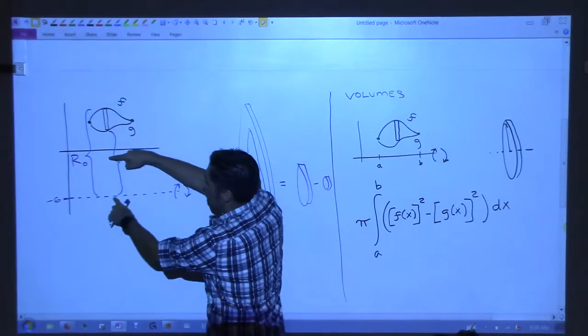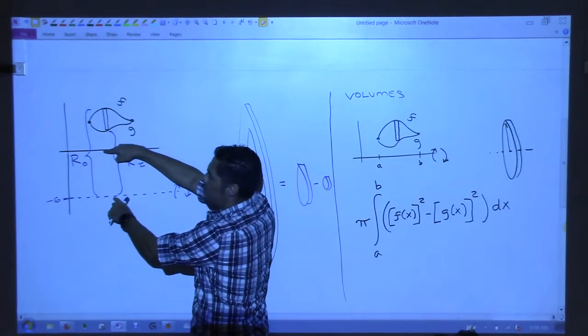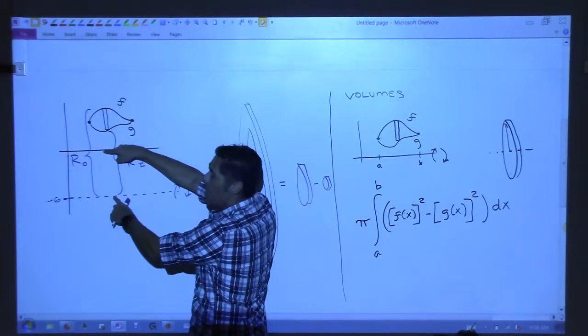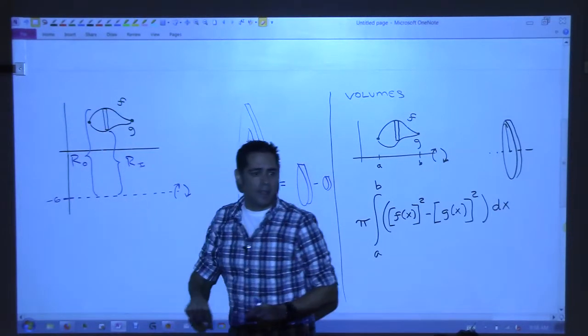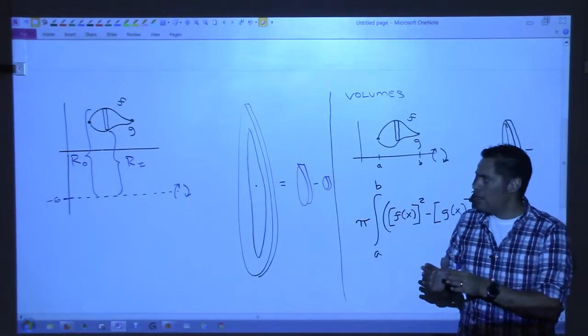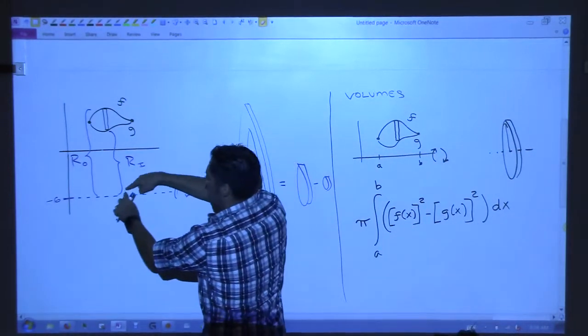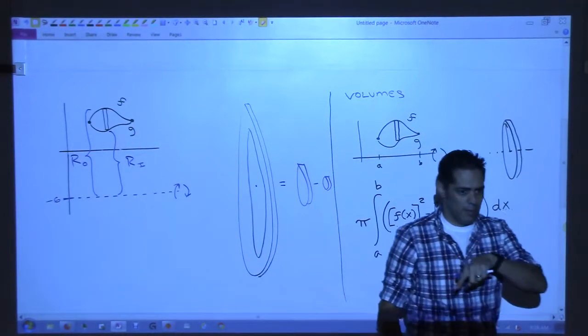Then what would be the distance from here to here? The distance would be 6, wouldn't it? And then you would have to add to that f of x. So the outer radius would be f of x plus 6. And then the inner radius would be 6 plus g of x, so it would be g of x plus 6, wouldn't it?